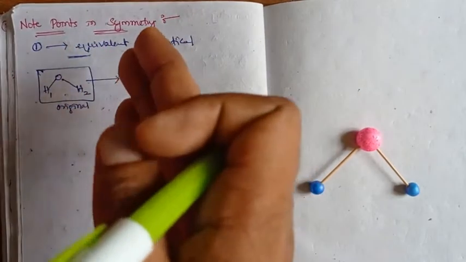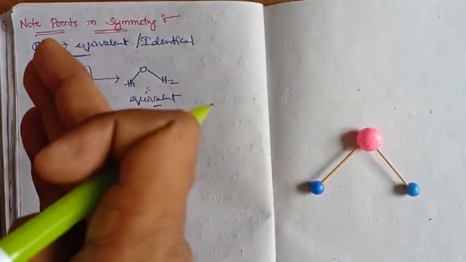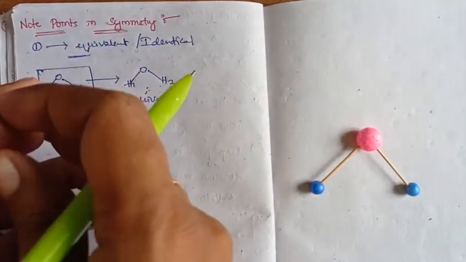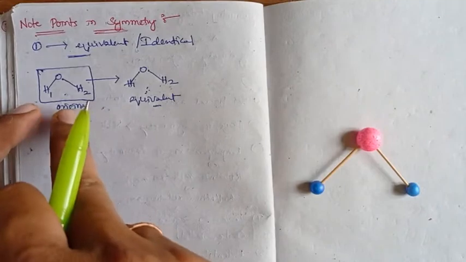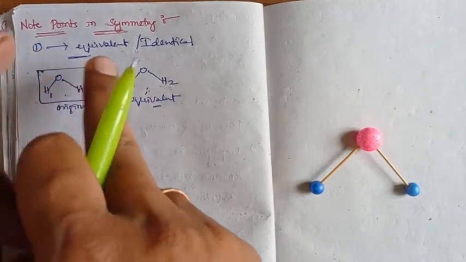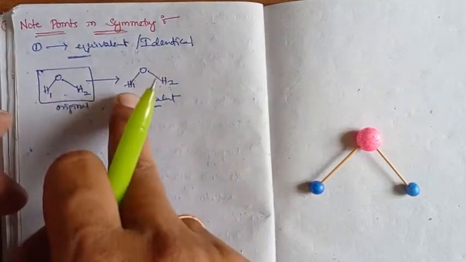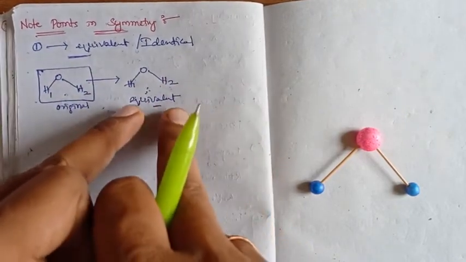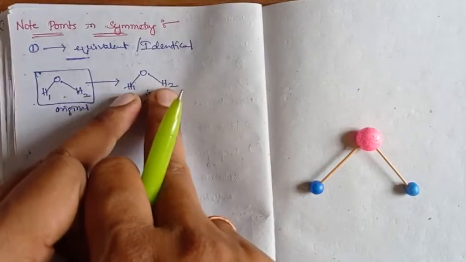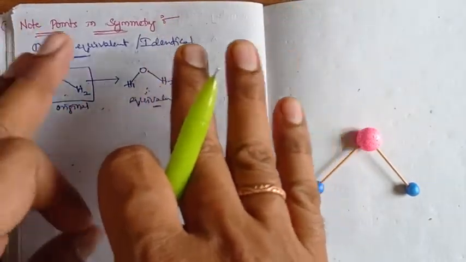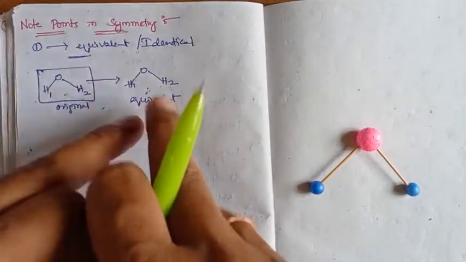When we apply the symmetry operation, whether it is rotation, reflection, or inversion, whatever we do, if all the atom positions are retained in the generated configuration, then the generated configuration is surely equivalent or identical.